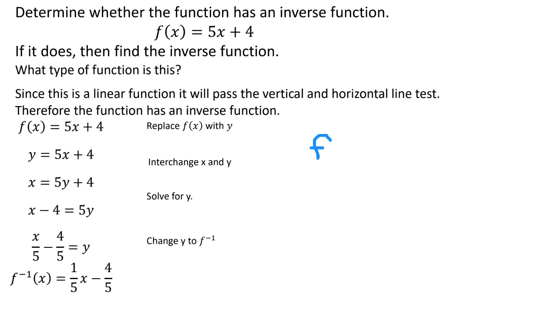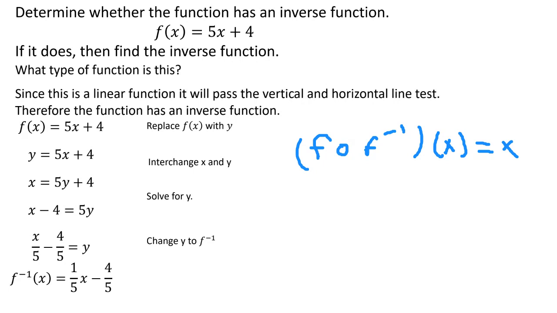If I were to do this, f composed of the inverse function, of the x, and if my answer is x, then these two are inverses of each other. Okay, so let's practice. Let's see that the math that we did is going to give us an answer of x, and this is to practice a little bit more our composite functions. Okay, so let's do this.